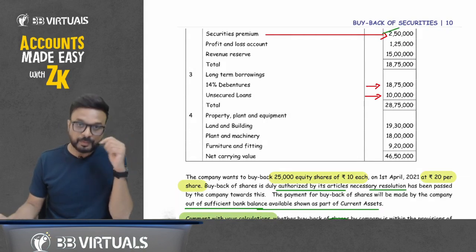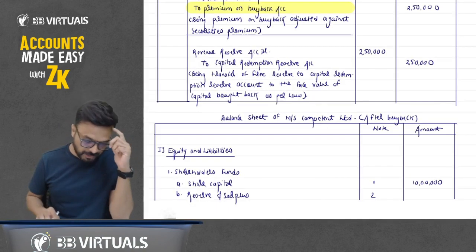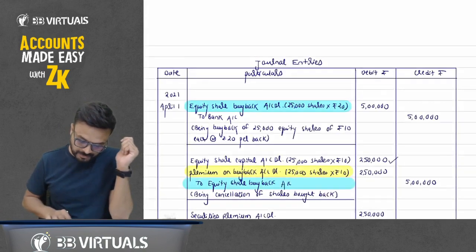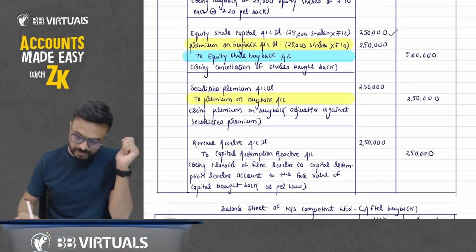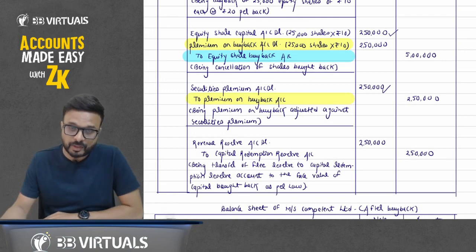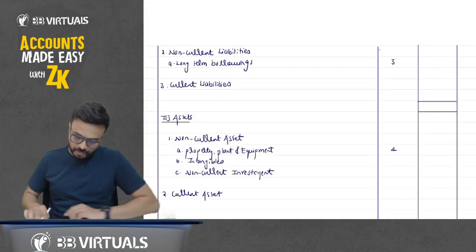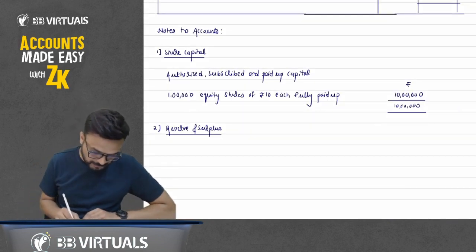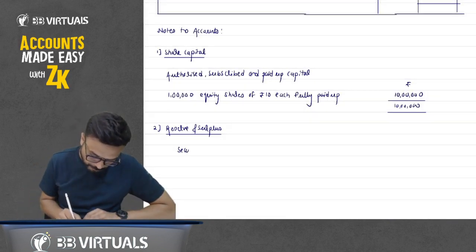Securities premium, we have 2,50,000, but we have utilized this 2,50,000. You can see when we passed journal entries, we debited 2,50,000. So the complete amount of securities premium we have utilized to write off premium on buyback. So write down here notes to account number 2, reserve and surplus, first securities premium.